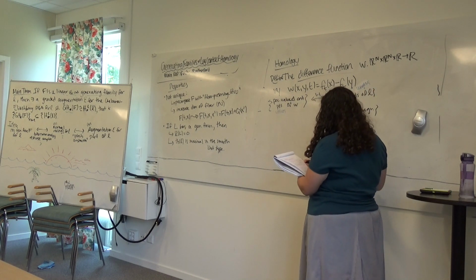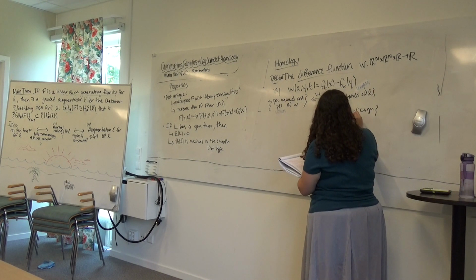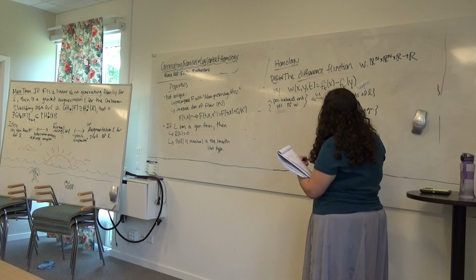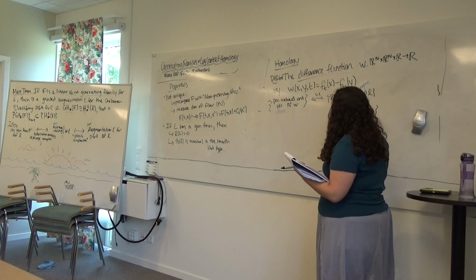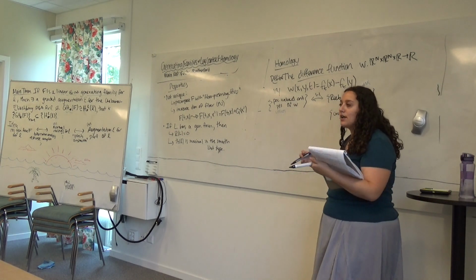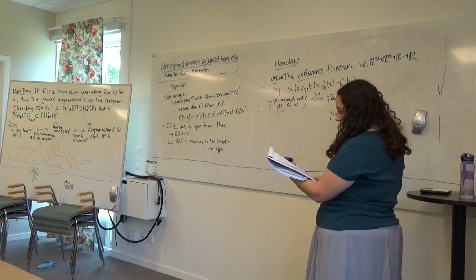The lengths, or like the crossing heights. So the critical points of this function carry a lot of the information we're going to want.